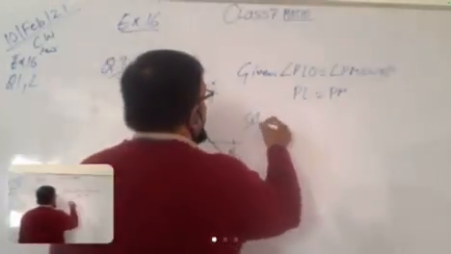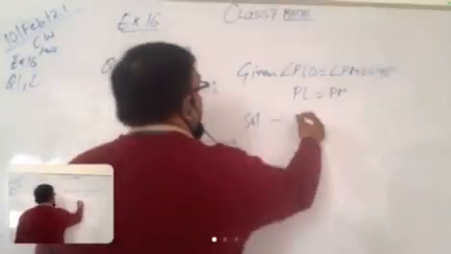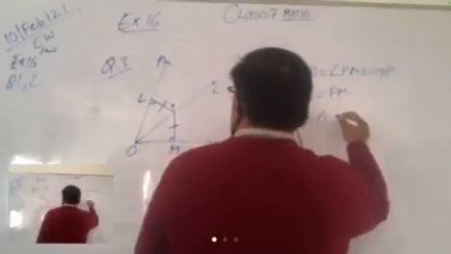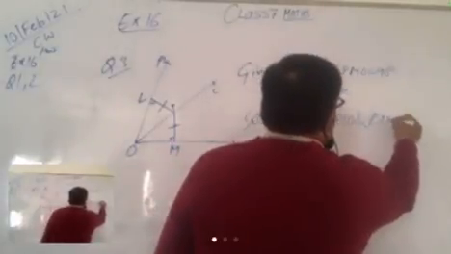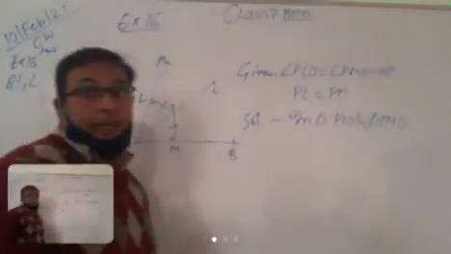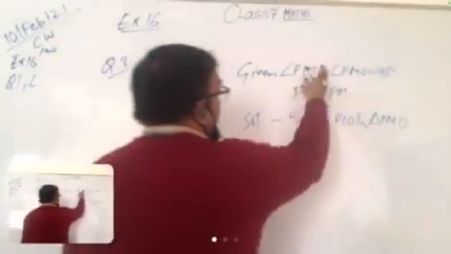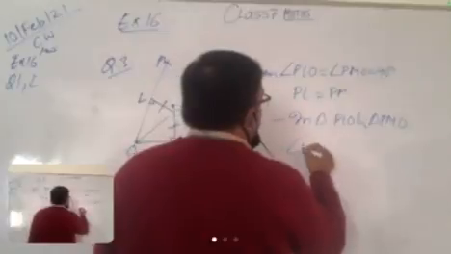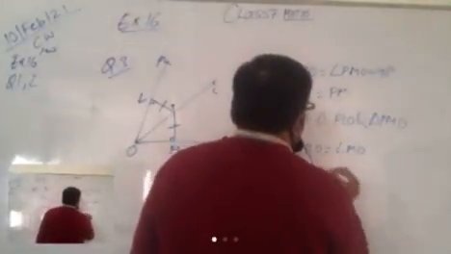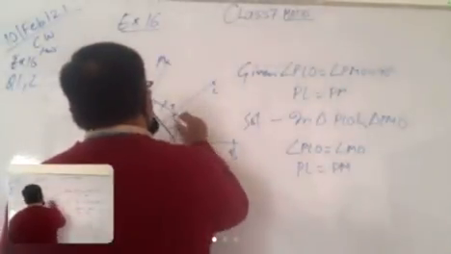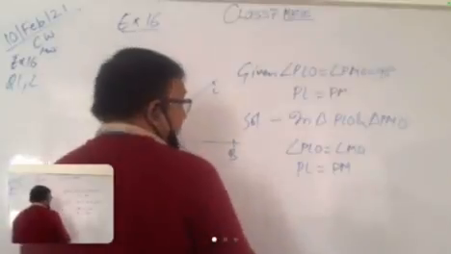So the solution for this is, in triangle PLO and triangle PMO, two things are given here. Angle PLO is equal to angle PMO, PL is equal to PM, and the third thing is PO, the hypotenuse.